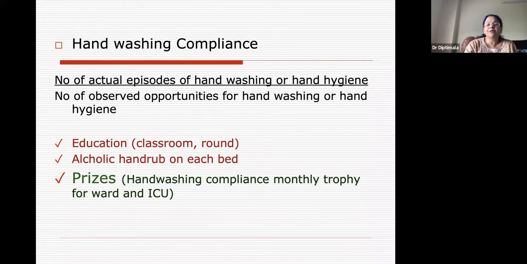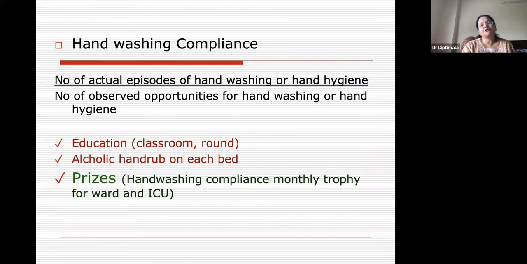Now, how do we advocate or improve the hand washing? One is education, teaching, like we are having now. Having an alcoholic hand rub on each bed, making it mandatory.